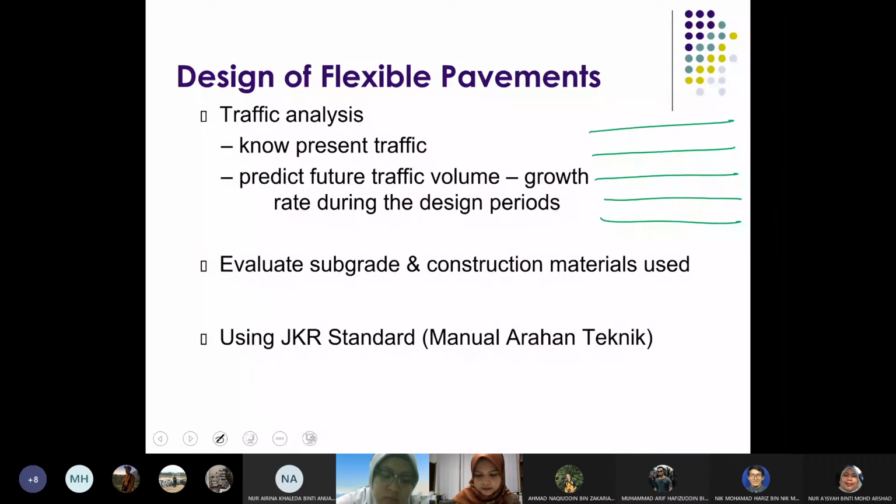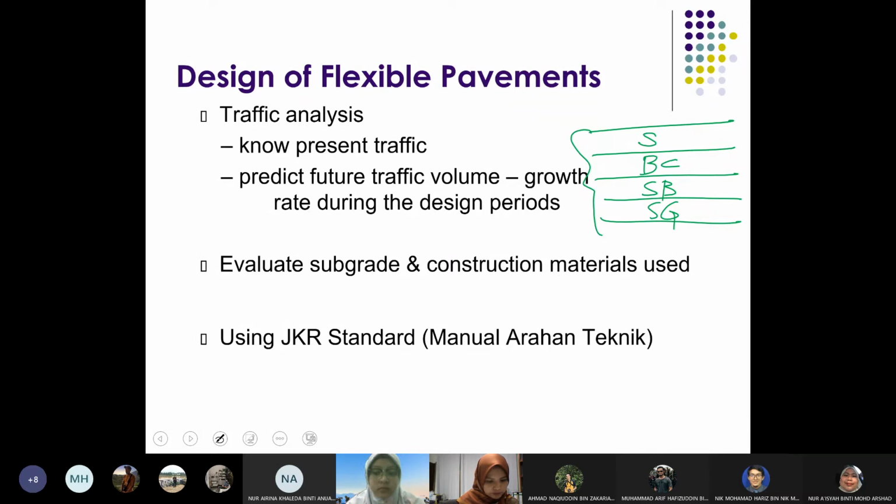Ni surfacing layer, this is base course, this is subbase, this is subgrade. You nak design berapa ketebalan setiap satu tu. Dia bukan senang-senang boleh buat je untuk suka, rasa macam dah tebal dah, no. Dia ada design. So design ni yang akan buat dia lebih configure nanti ya.